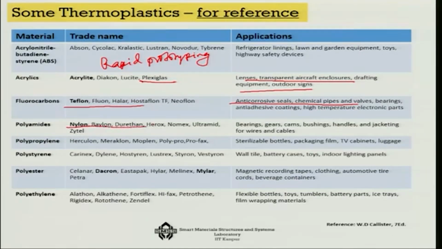Polyamide like the nylon group is used in bearings, gears, cams, brush handles, etc. Polypropylene is used in sterilized bottles, packaging films, cabinets, etc. Polystyrene is used in wall tiles, battery cases, toys, indoor lighting panels. They have a luster in them.